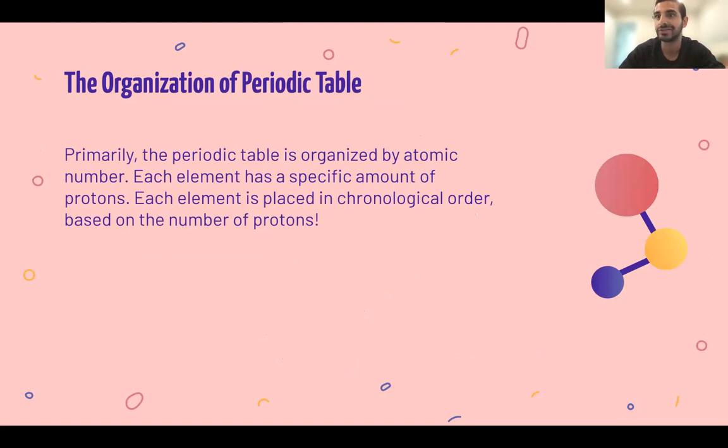If you have a hydrogen that has 2 protons, you don't have a hydrogen, you have what's known as helium. Helium is the only element that has 2 protons in its nucleus. The number of electrons can change, and the number of neutrons can change, but the number of protons is specific to each element. This is how we distinguish elements from one another, especially if you're doing forensic work or something like that.